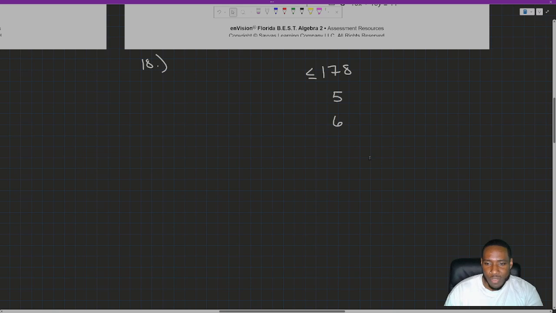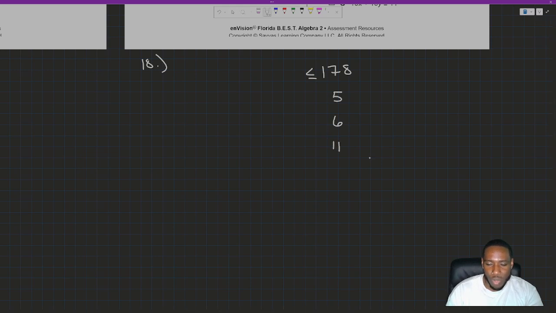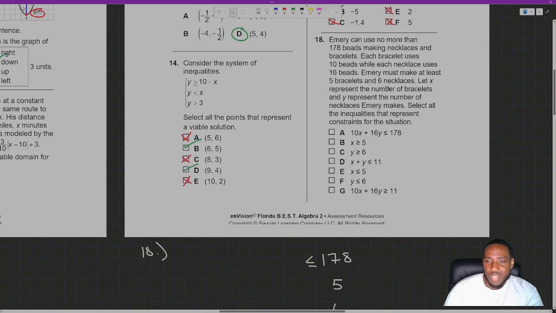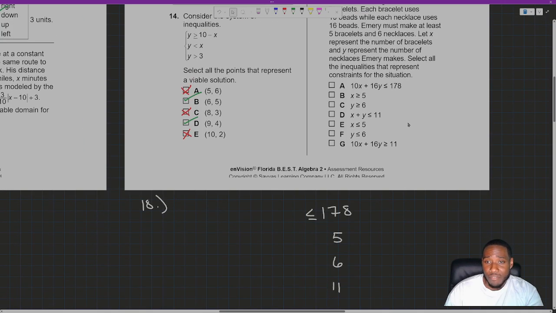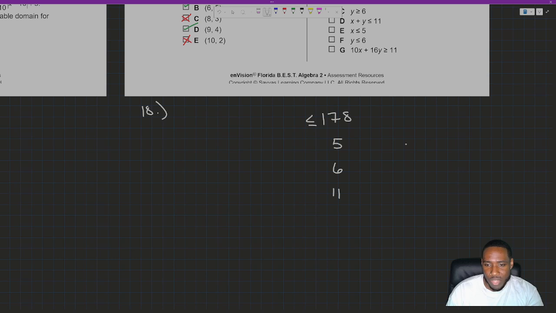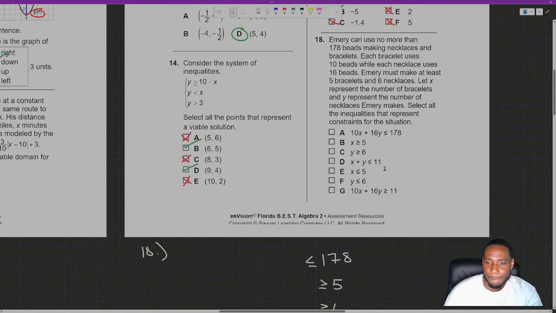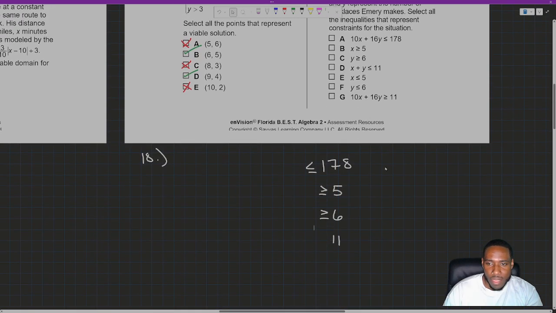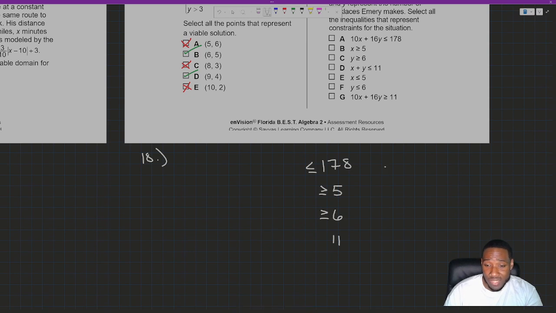And if we put those together, we know 11 is also a total, meaning the total number of accessories. The problem tells us she needs to make at least 5 bracelets and at least 6 necklaces. At least tells us we're using a greater than or equal to because she's okay with making more, but she needs at least that many. Okay? And so she needs at least 11 accessories in total, right?